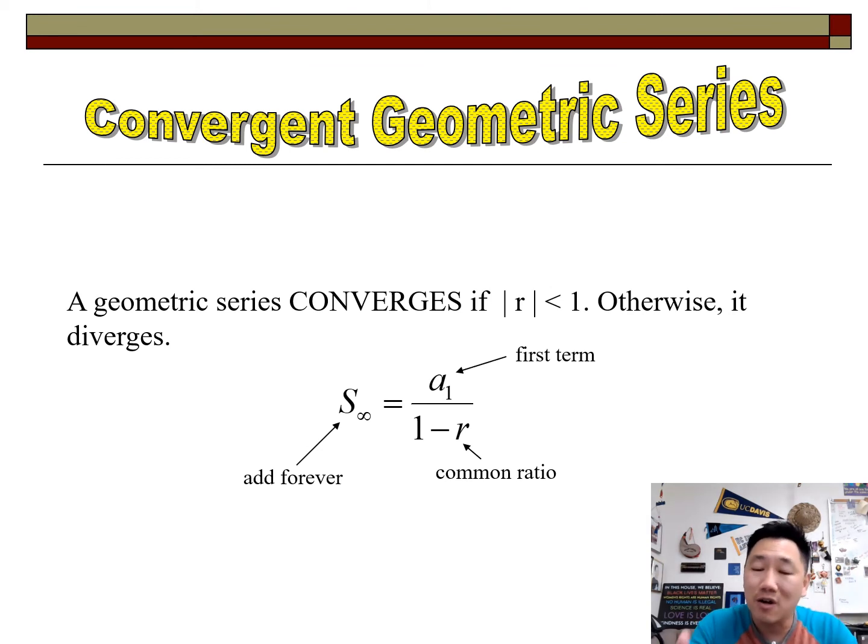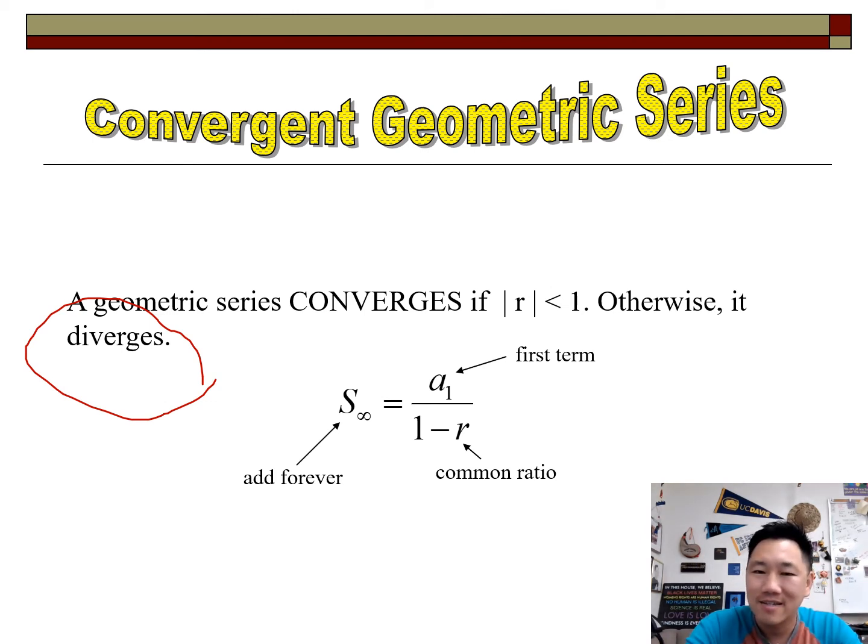If your r is bigger than 1, then we say it diverges. So it also doesn't have an endpoint. So this only works if your r is a fraction between 0 and 1.